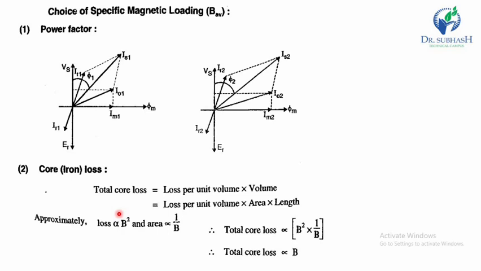Area is proportional to 1 upon B, because the flux density B is equal to phi by A. So putting both in the equation, for loss per unit volume we use B square, and for area into length we use 1 upon B. The total core loss is proportional to B, which means that selecting a large value of B will result in higher core loss, and consequently an increase in temperature and a decrease in efficiency of the machine.